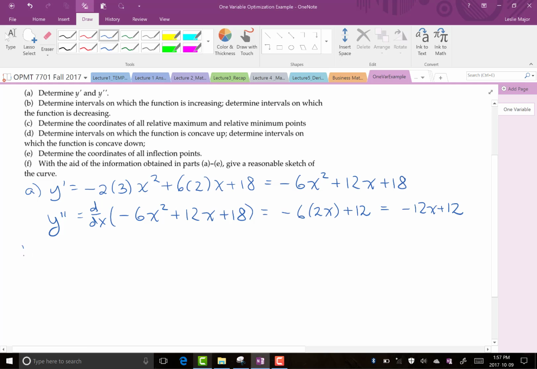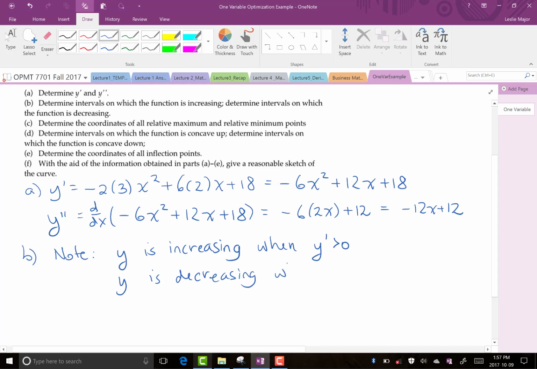And now to determine where y is increasing and decreasing, we need to figure out first where y prime equals 0. So a little note here, y is increasing when y prime is greater than 0, and y is decreasing when y prime is less than 0.